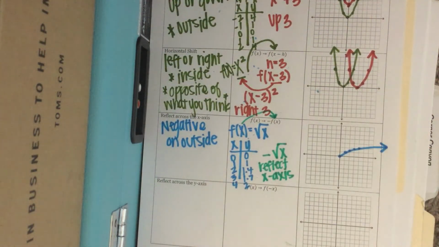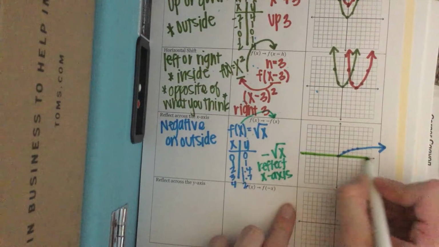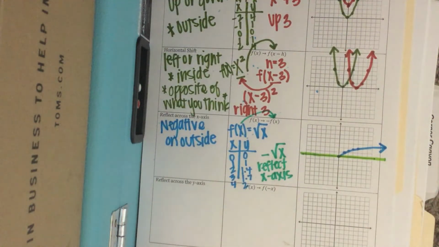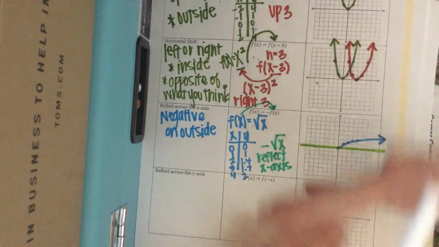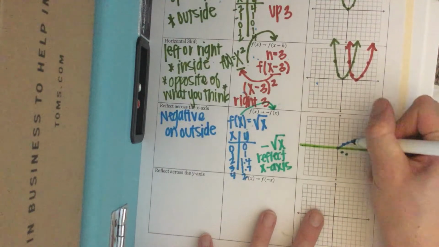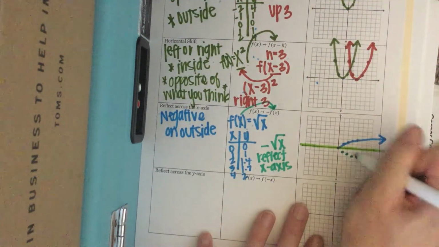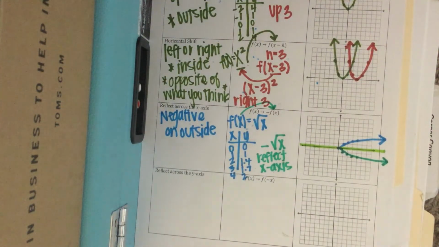This is the x-axis. If we reflect that, all of these points are just going to fold down. So this point stays. This is going to go right there, right there, right there, right there.